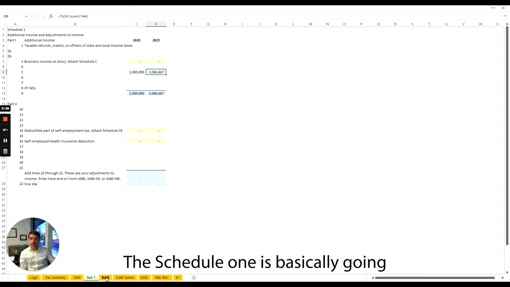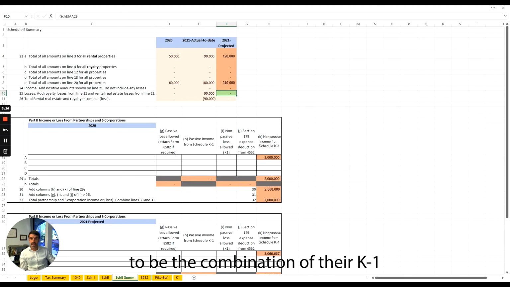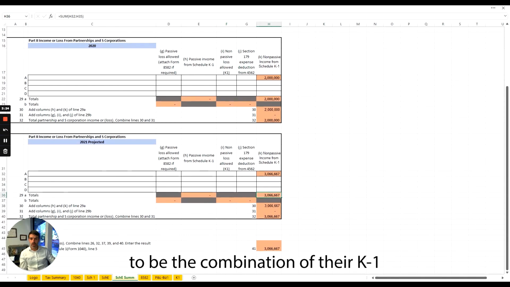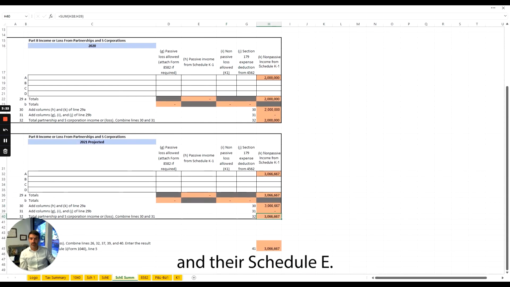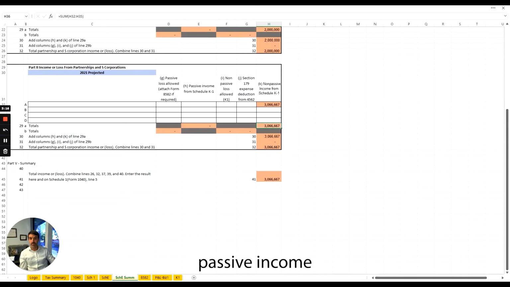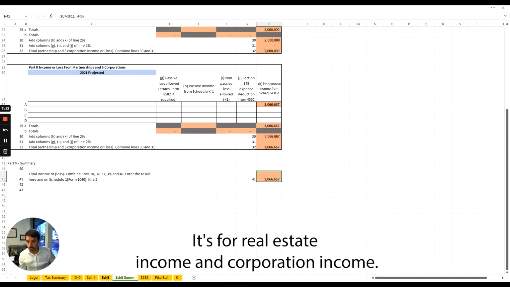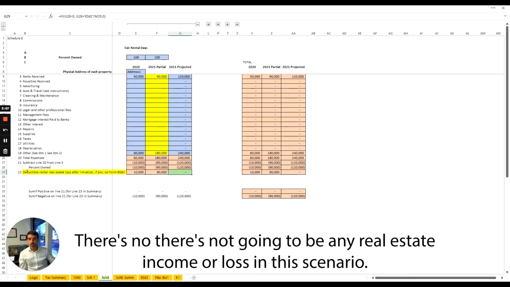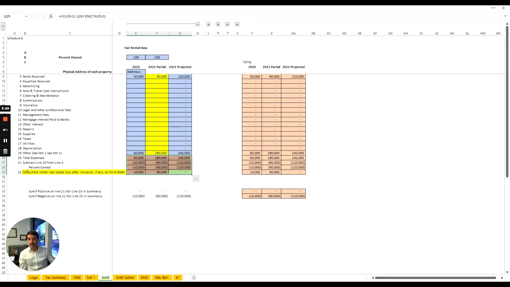And the Schedule 1 is basically going to be the combination of their K-1 and their Schedule E. Right? So it really is for passive income or S corporation income. So it's for real estate income and S corporation income. But there's not going to be any real estate income or loss in this scenario.